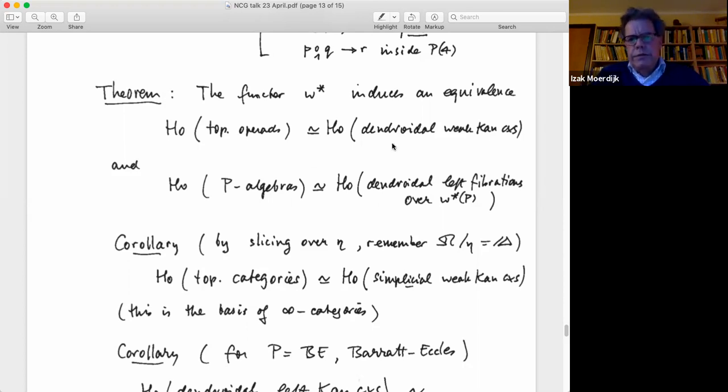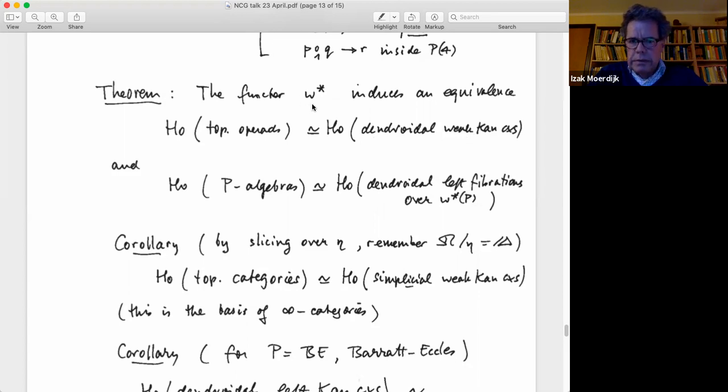And there is a model structure on dendroidal sets, where, for those of you who know, the fibrant objects are exactly those infinity operads or dendroidal weak Kan complexes. And there is such a pair of adjoint functors, of which this is the right adjoint.